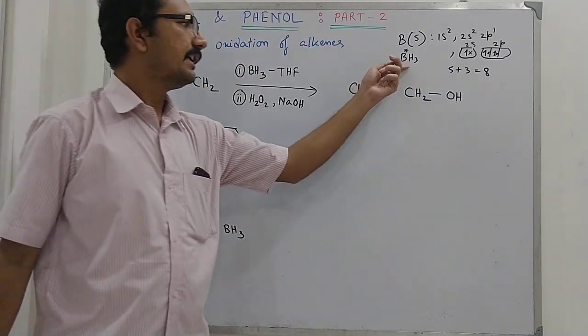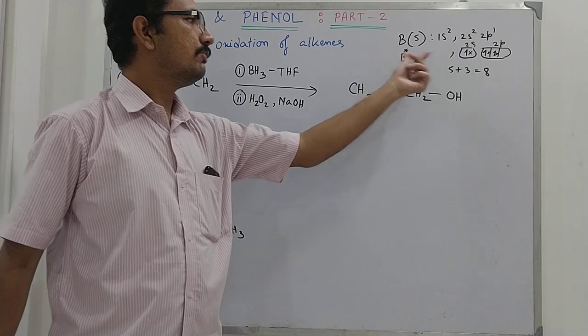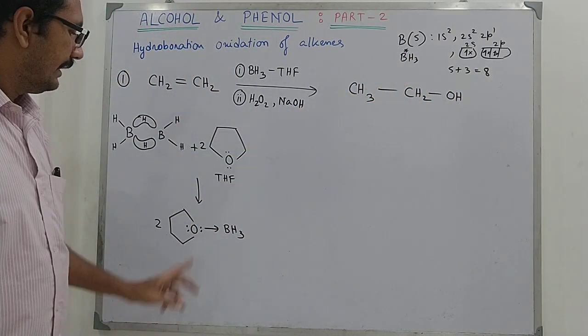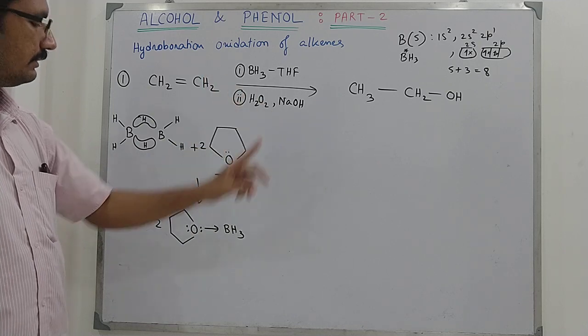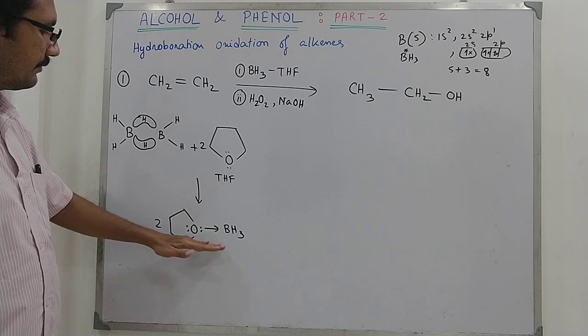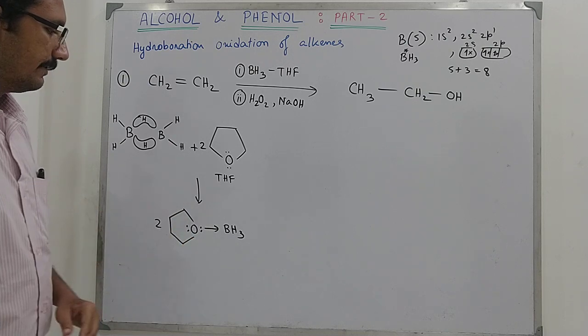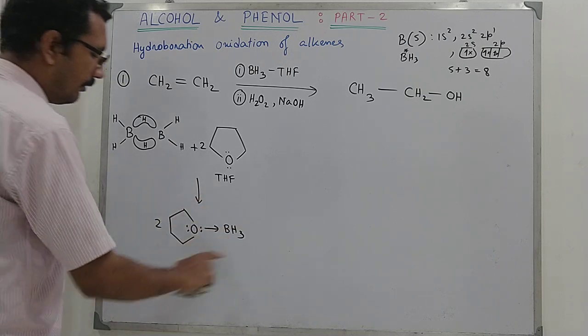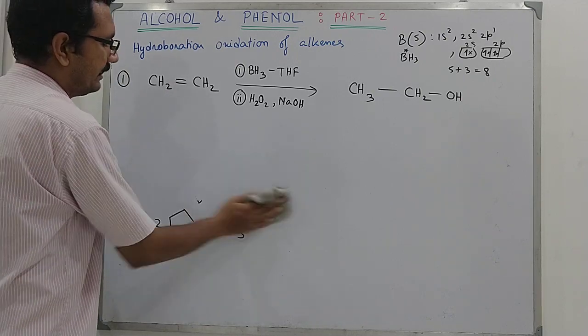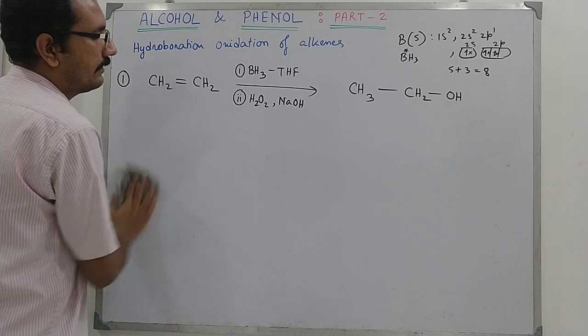So BH3 is an electron deficient compound as it is 2 electrons away from the nearest inert gas. So it has an incomplete octet, and for this it acts as a Lewis acid and it forms an adduct with this THF. Now this complex is commercially available. You may directly use it after buying it from the seller.